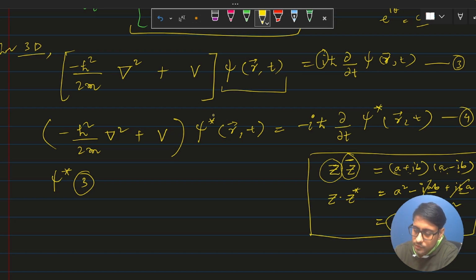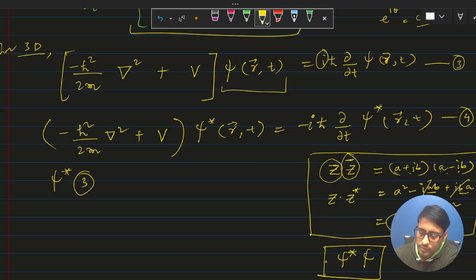So in equation number 4 we will be multiplying psi from the right hand side. We take the convention that we will take the asterisk from the left hand side, so the conjugate will always be multiplied from the left hand side.